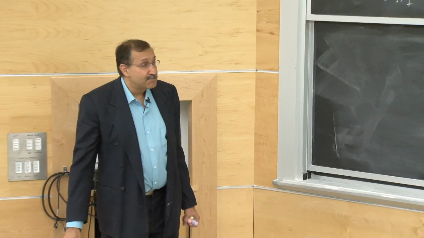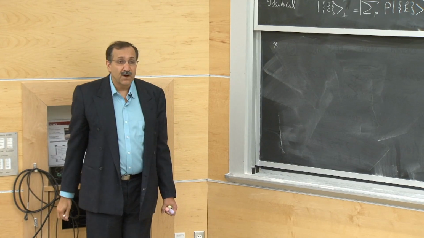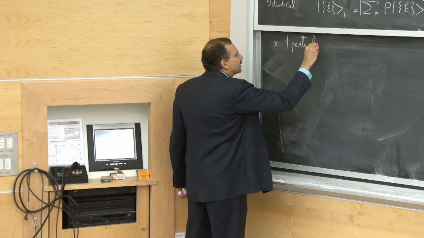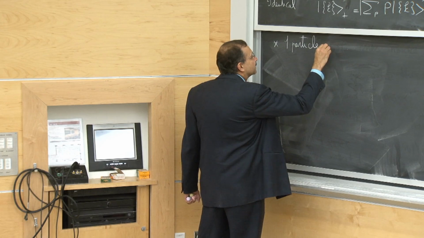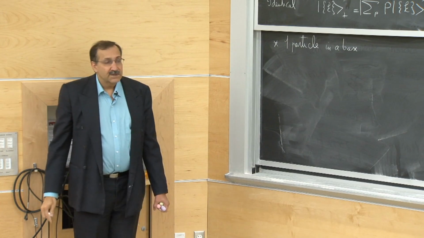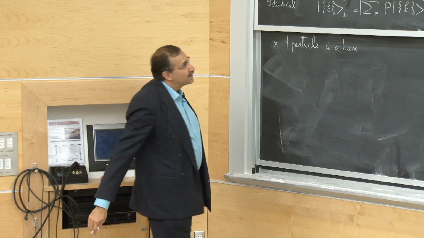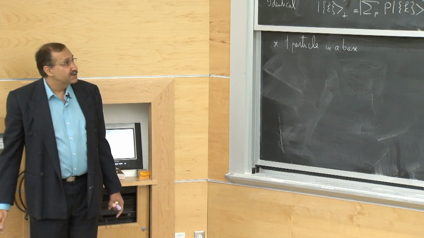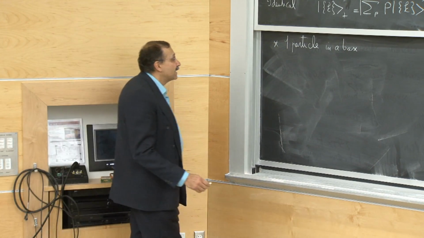Let's take a step back, and remind you of something that we did before that had only one particle. Because I will soon go to many particles, but before that, let's remind you what the one particle in a box looked like. So indeed, in this case, the single particle states were the ones that I told you before, 2 pi over L times some set of integers, epsilon_k that was h bar squared k squared over 2m.